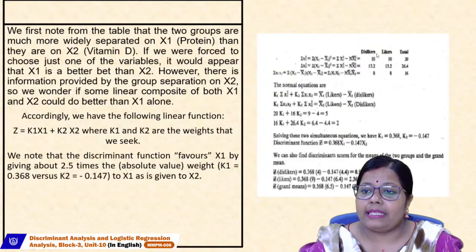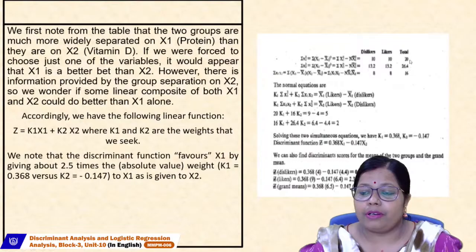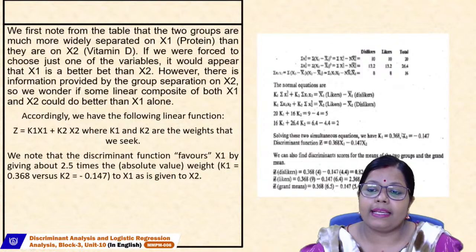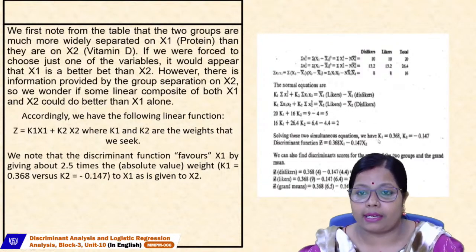So this was our likers and dislikers total. We found the total is 20, then 26.4, and this normal equation says the total of 16. Then after solving these normal equations, we found that k is equal to 0.368. What was k? It was k1.